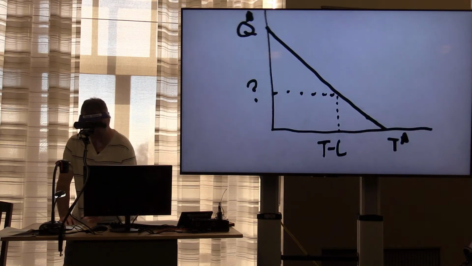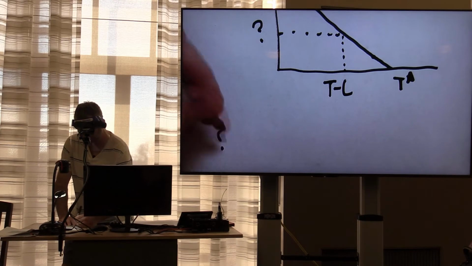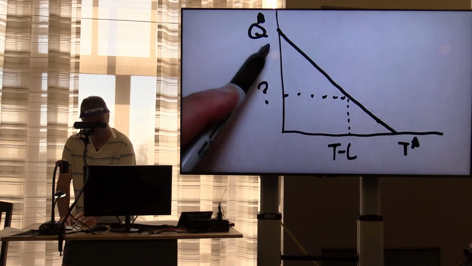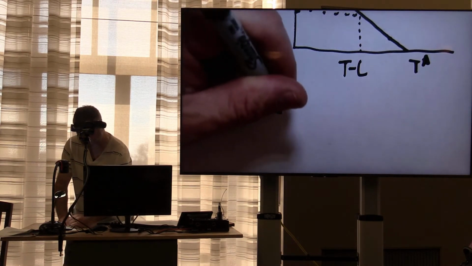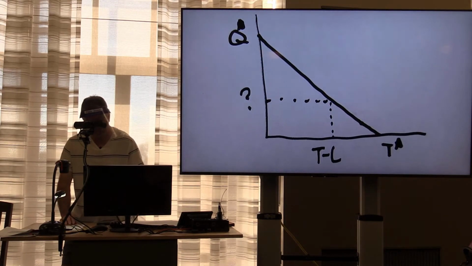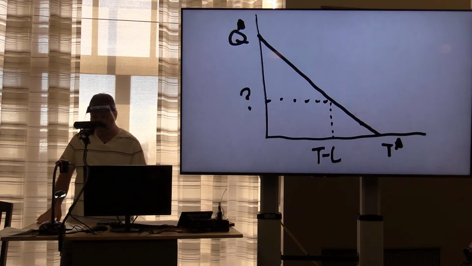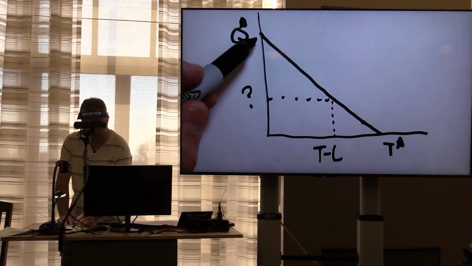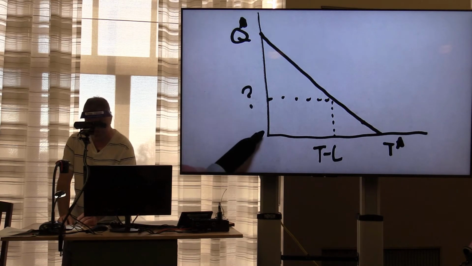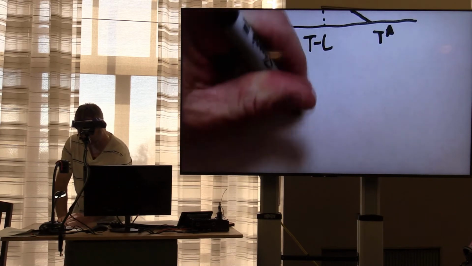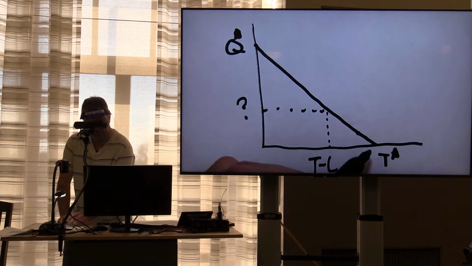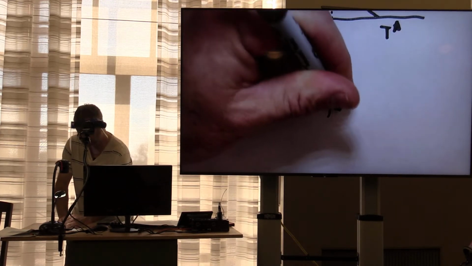Well, notice we can just say this. If we want to solve for this question mark, we've got this equation, this line, where the intercept is Q star. It's linear. The slope of the line is just going to be negative Q divided by T, because think about rise over run. When you go from this point to this point, the rise, we go from Q star to 0, so the rise is negative Q, we lose Q. The run, we're going from here to there, so the run is T star.